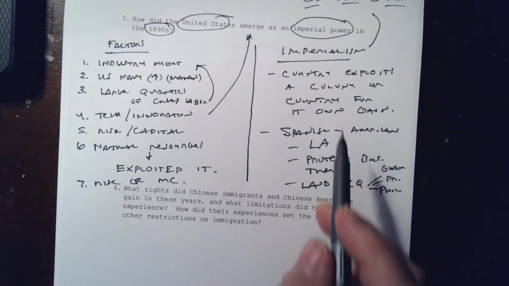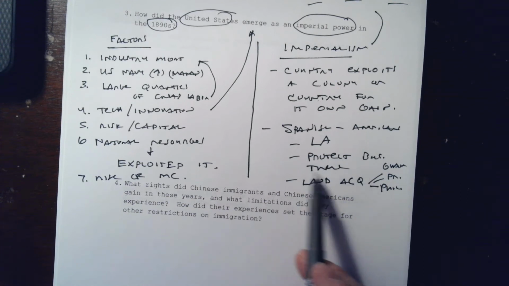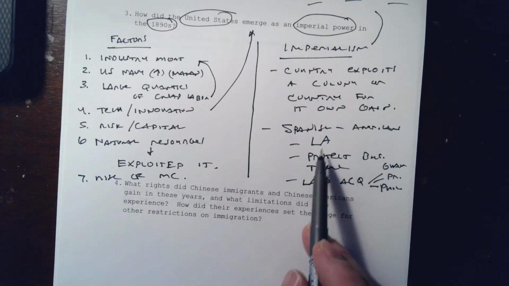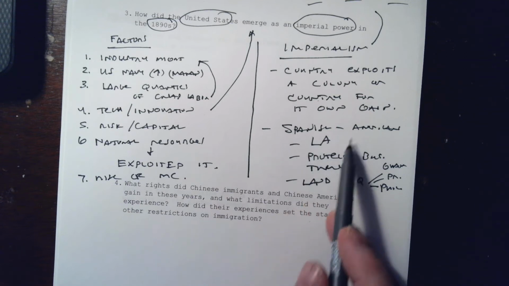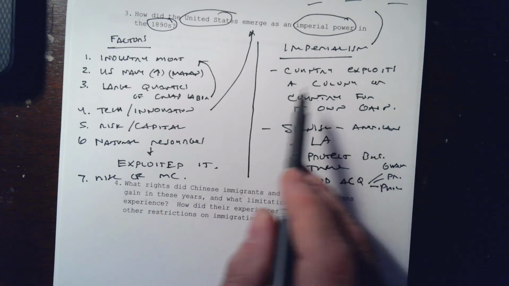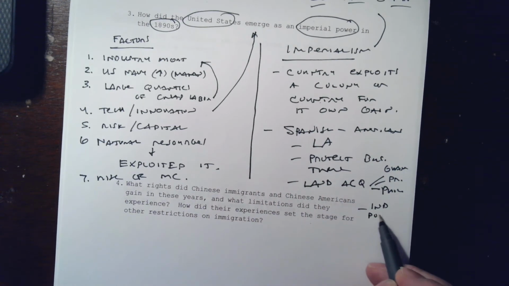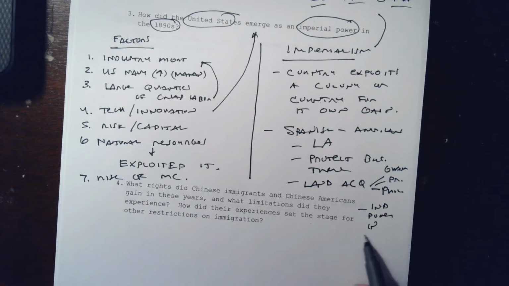Now, remember, with this imperialism, one of the reasons why we did this is because we wanted to protect our business interests in Latin America. The Spanish kind of forced the issue, but the underlying factor in all this is the United States is an industrial power in need of new markets.